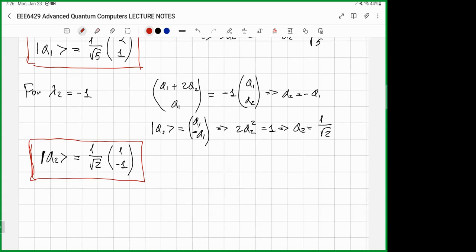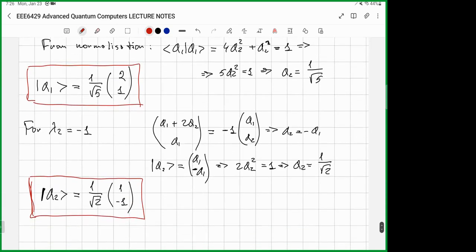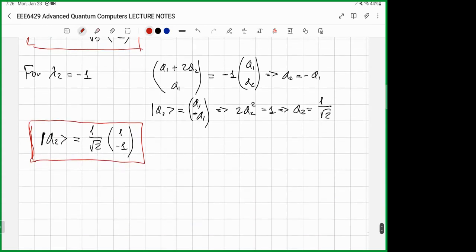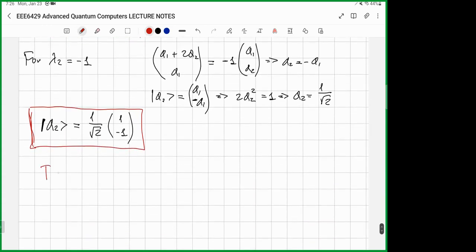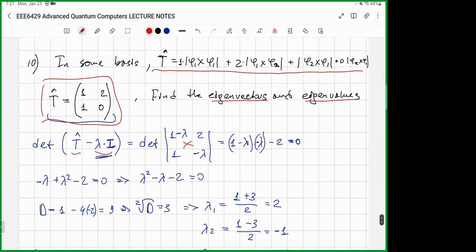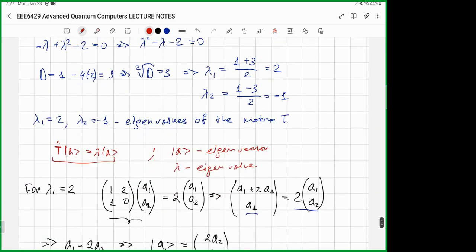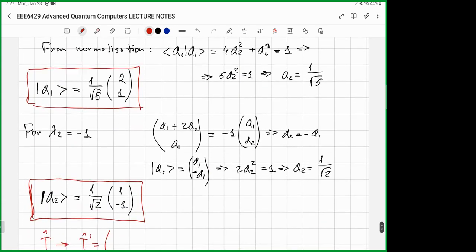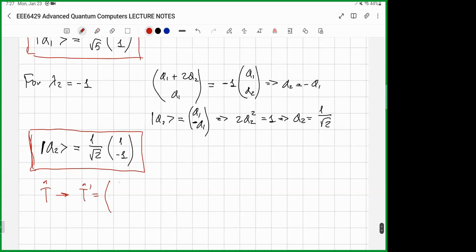And when I transform this matrix to this eigenbasis, my matrix T will transform to a new one, which is diagonal. So instead of this one, 1, 2, 1, 0, I will get simply a matrix of eigenvalues, basically 2 and 0 here, and then 0 here, minus 1 here.